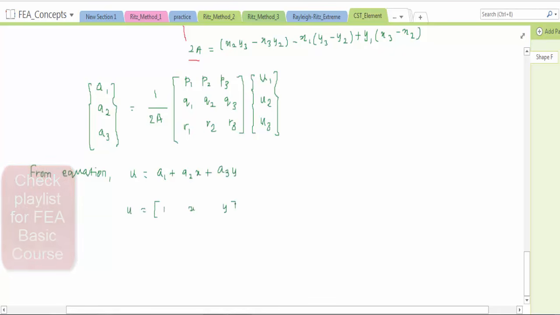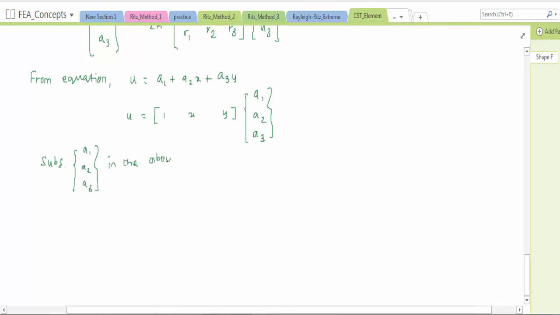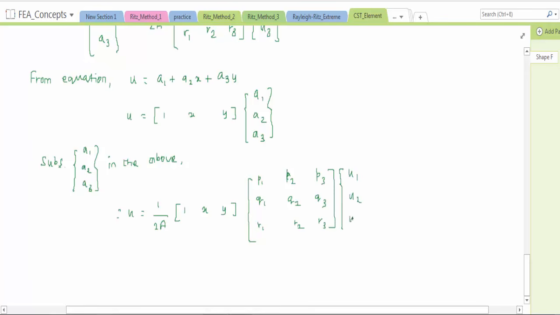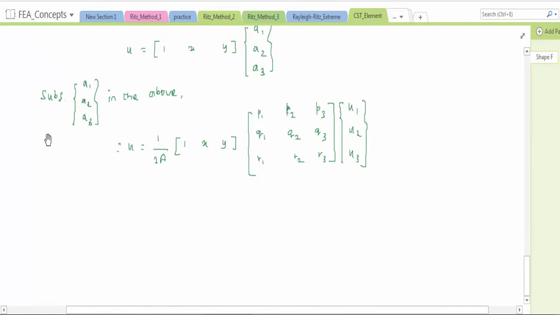From the equation u equals a1 plus a2x plus a3y, we can write it in matrix form as 1, x, y times a1, a2, a3. Substitute these a1, a2, a3 in the above equation. We get u equals 1 by 2A, 1 x y, times the matrix of p, q, r, times u1, u2, u3.